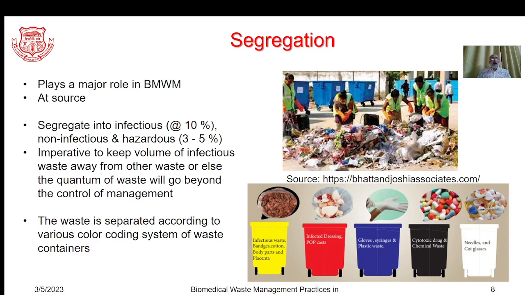Usually this hazardous and infectious content is 3 to 10%. However, the rest, 80 to 90% of the waste, is manageable, but it will get infected because of this small infectious and hazardous content, and hence segregation is a very important step.